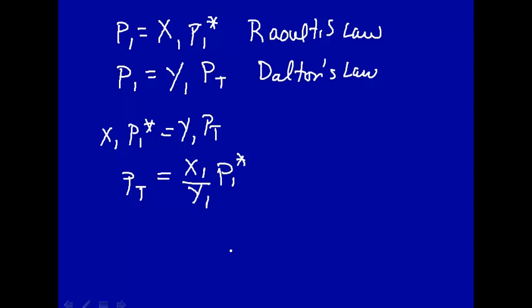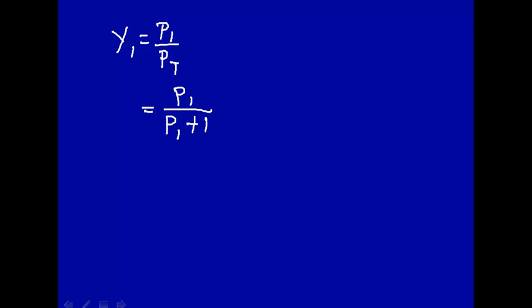Okay, well, let's go ahead and do that. We know that the mole fraction in the vapor phase is the partial pressure in the vapor phase divided by the total pressure above the solution. And we have two components, so the total pressure is just the sum of the partial pressures. Again, that's Dalton's law.